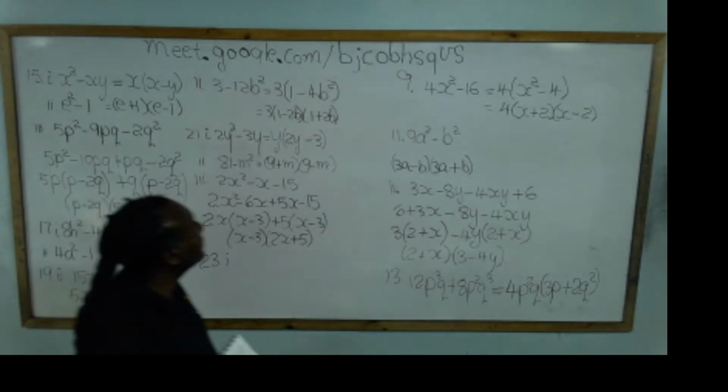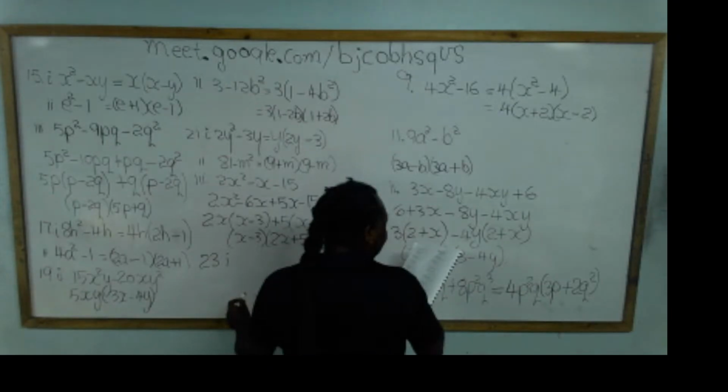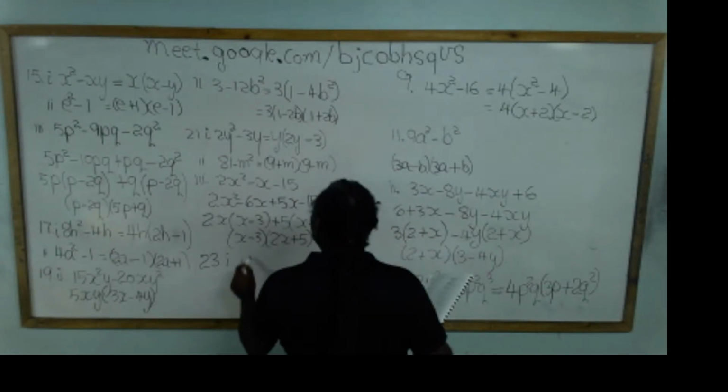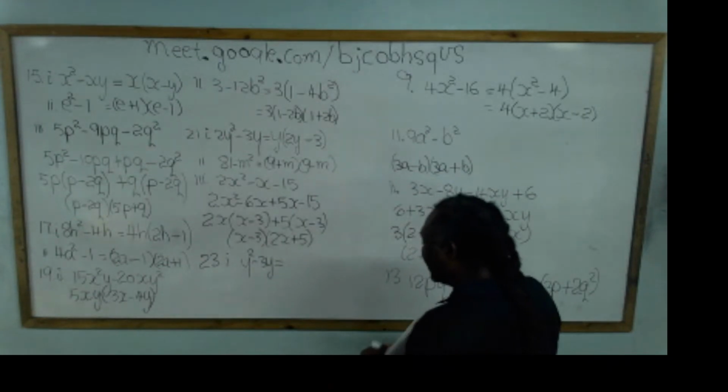Alright, I guess Roman 1 for number 23 is y squared minus 3y. And of course, we're going to put it right beside it because it's going to be short. It's not going to be so wide.